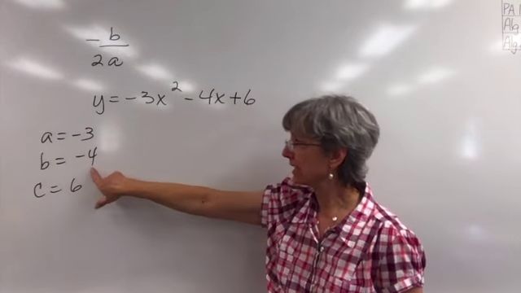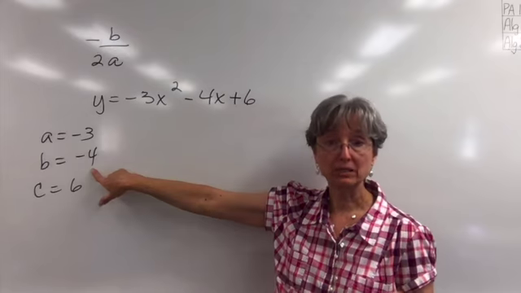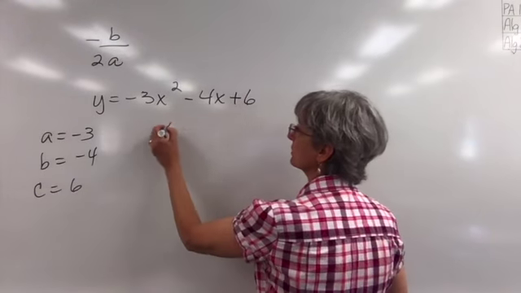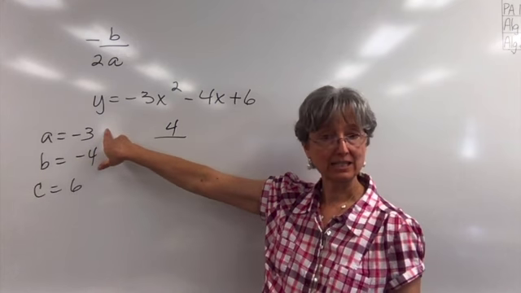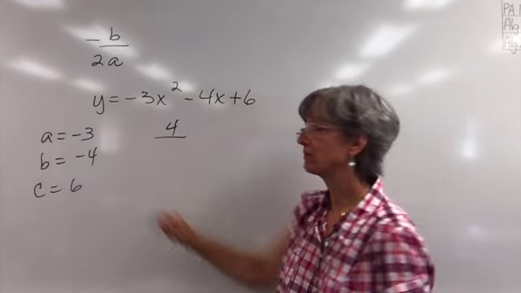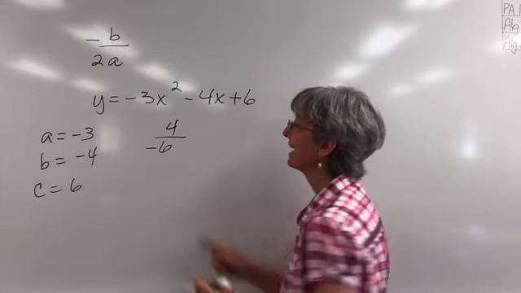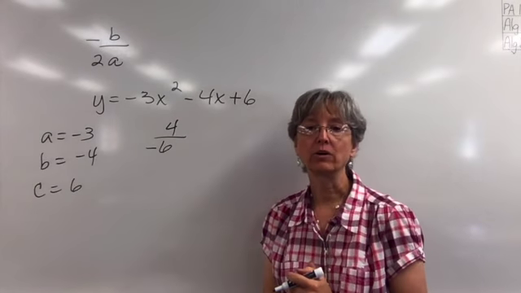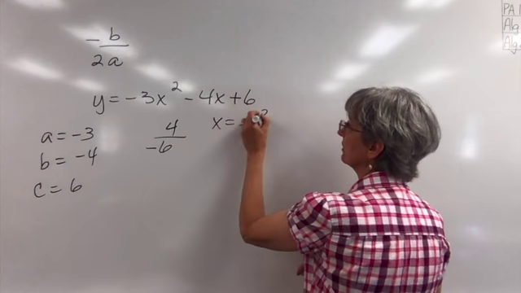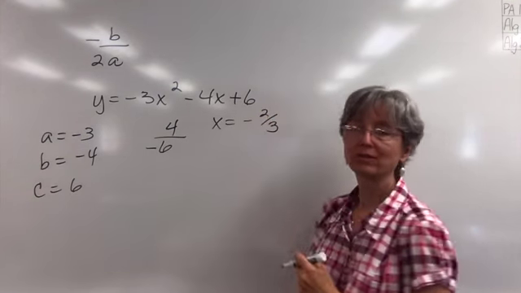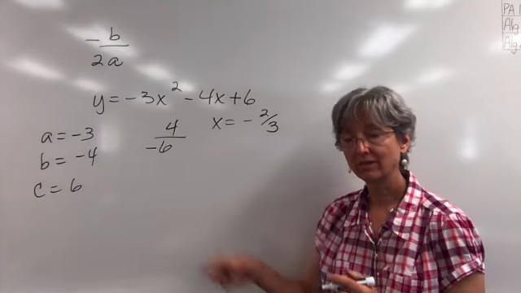If b is negative 4, negative b is positive 4. So that's 4 over 2a. A is negative 3, so 2 times negative 3 is negative 6. There is our axis of symmetry, x equals negative 2/3.